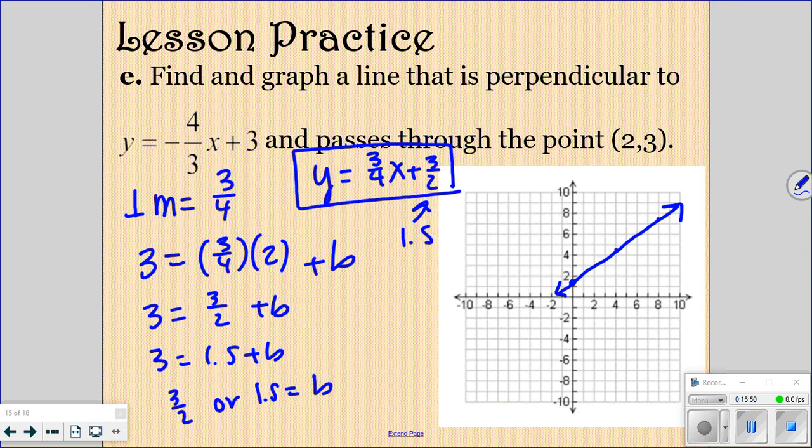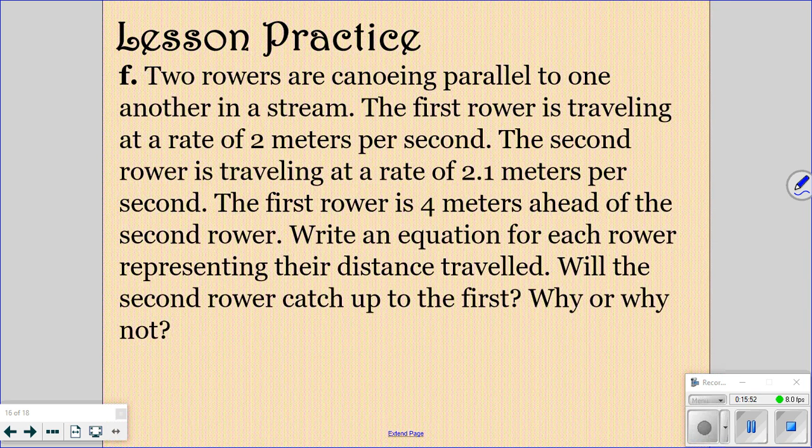Okay, so now we're going to look at a question about rowers in a river or in a stream. We want to write an equation to represent the distance that they travel, and will the second rower catch up? Why or why not? So let's look at the first rower.